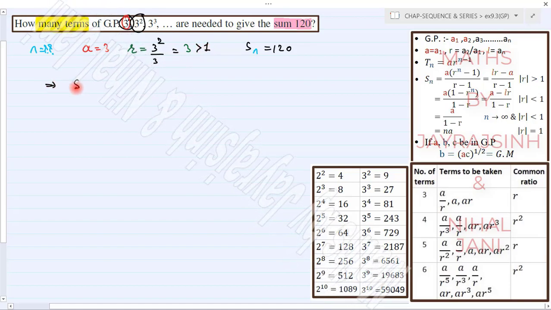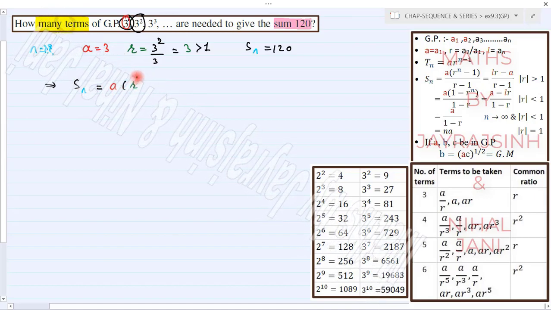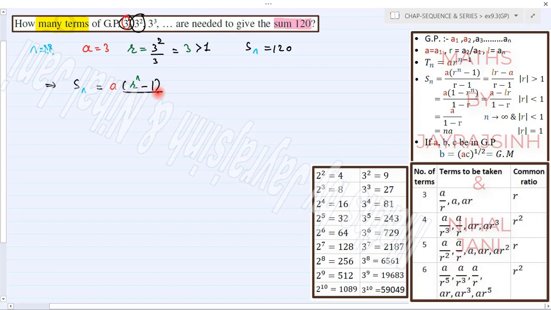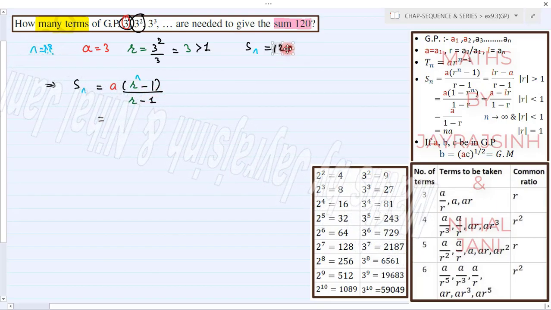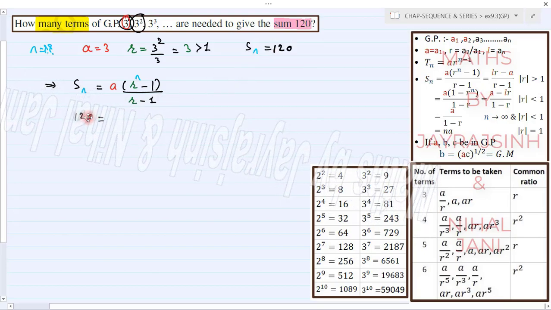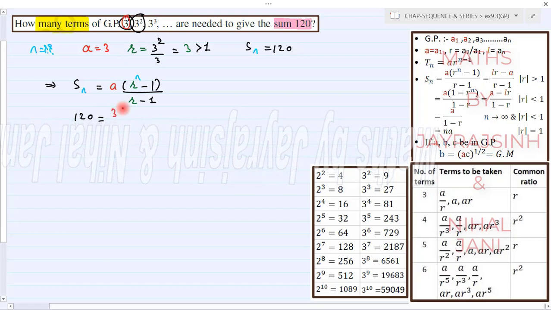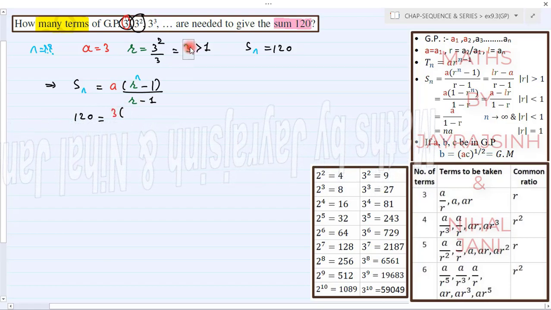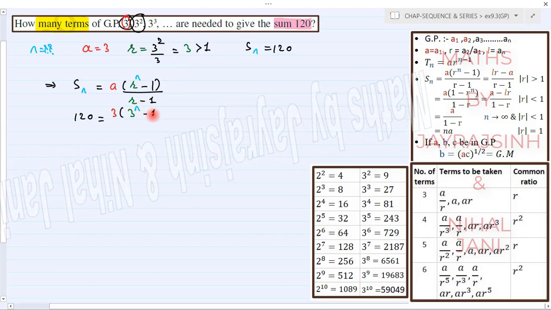So, the summation of n terms is given by a into (r raised to n minus 1) upon (r minus 1), where your summation is 120, the first term is 3, the common ratio is also 3, and we have to find the value of n.